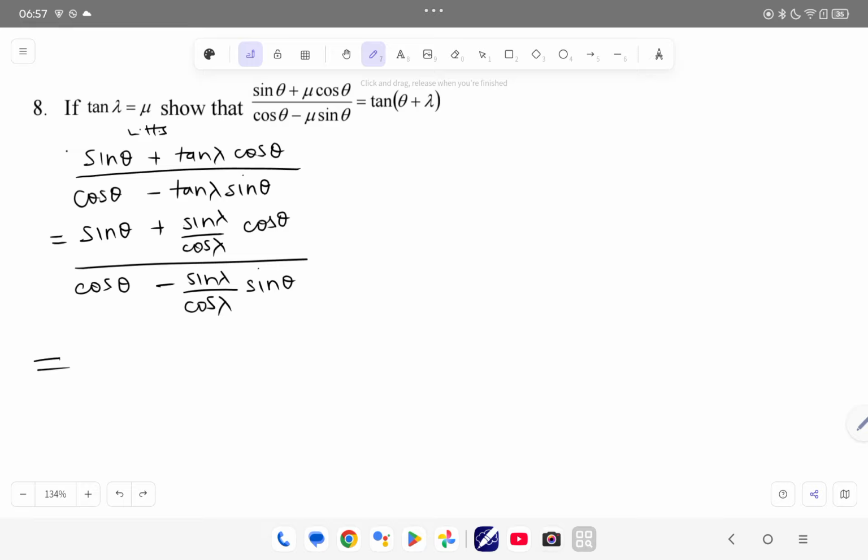I can now proceed to multiply through by cos lambda.